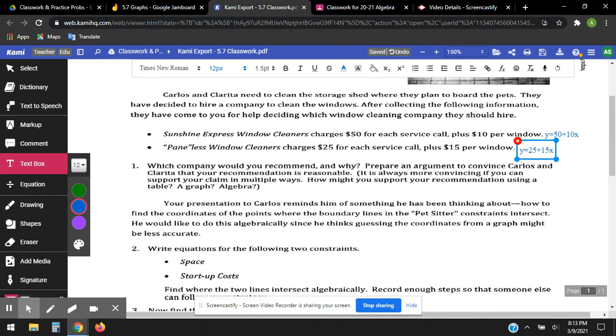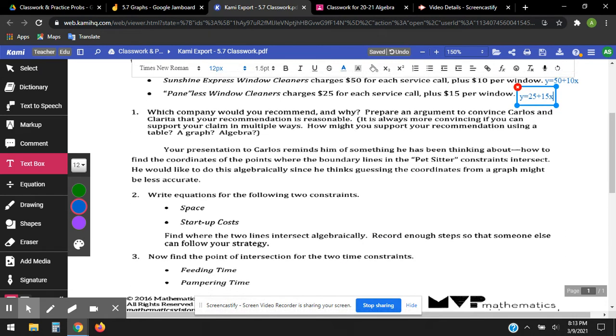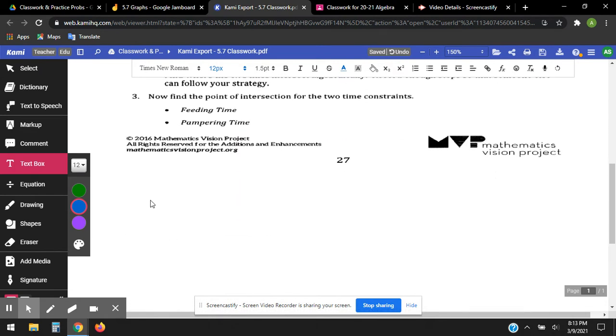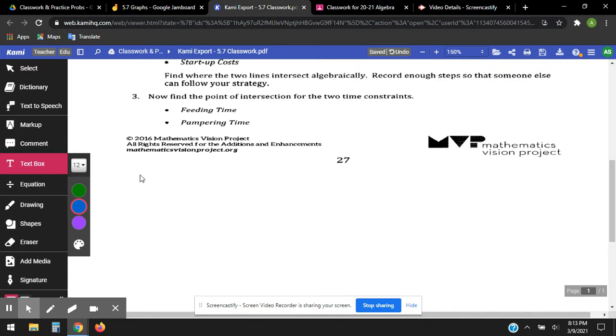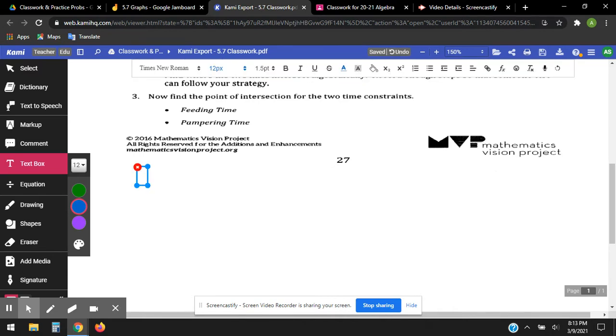It says a table, so I'm going to scroll down and make a table down here. We have the number of windows, then Sunshine, and then Painless.